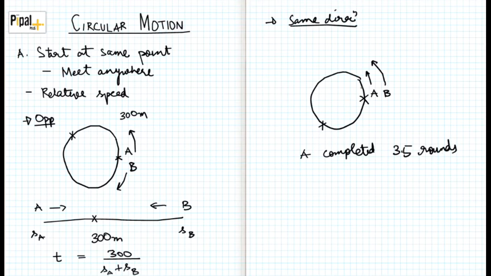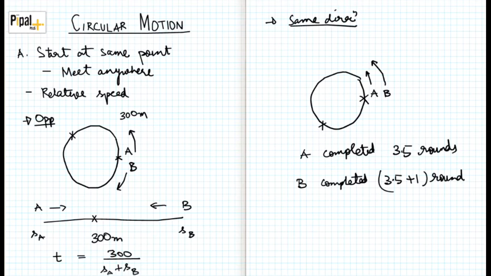Now if B has been faster, then for A and B to be at the same point for the first time, B has to have completed exactly one more round than A. Think about it.